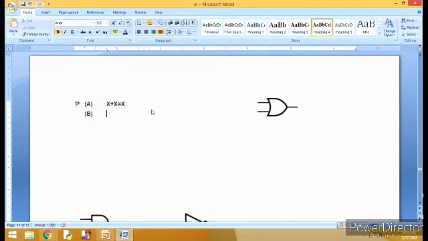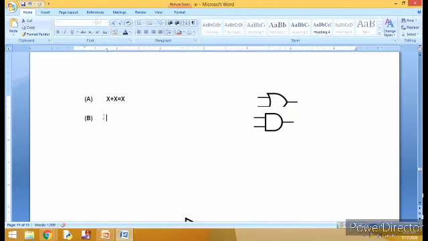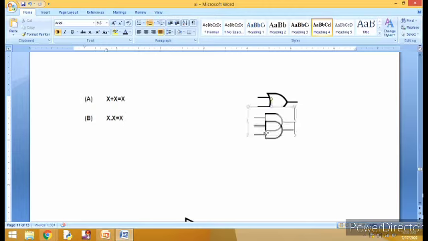And if it is applied to this one, X into X, what will you get? X. It is very important. So the output is X for the AND, and for the OR, if both the inputs are the same, you get the same output.